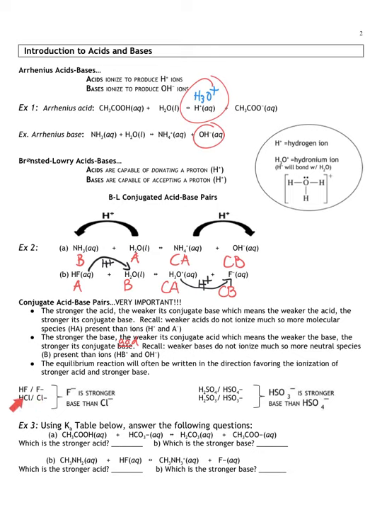To figure out which conjugate base is stronger, you look at the acid of that conjugate base. So here are your acids, and the one that is stronger is going to yield a weaker conjugate base. The one that's weaker will have a stronger conjugate base.